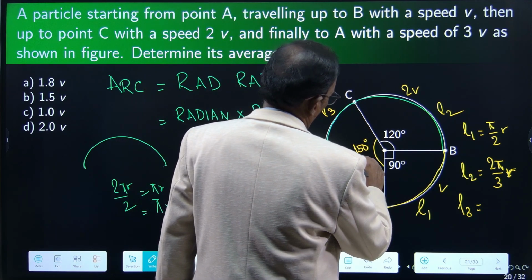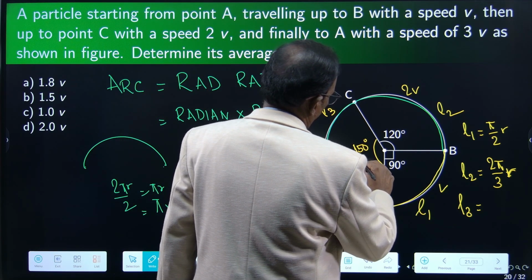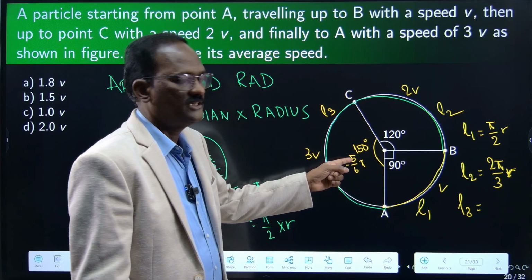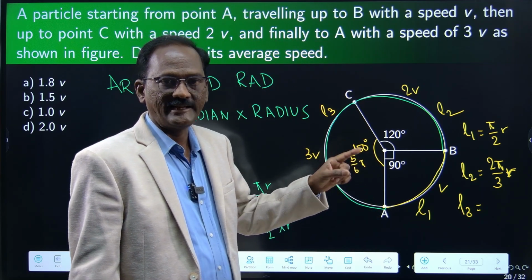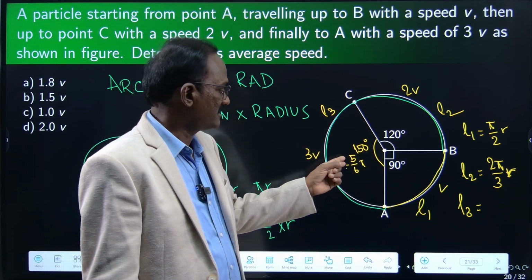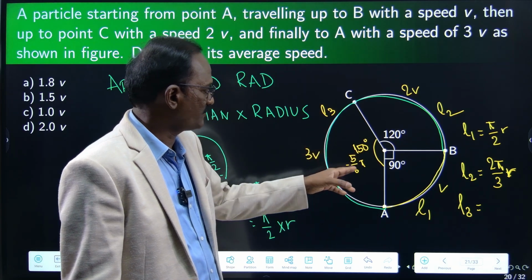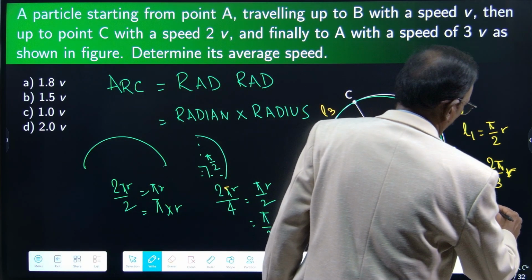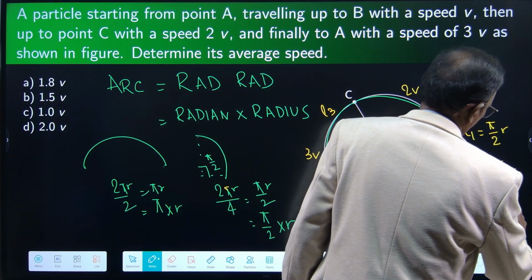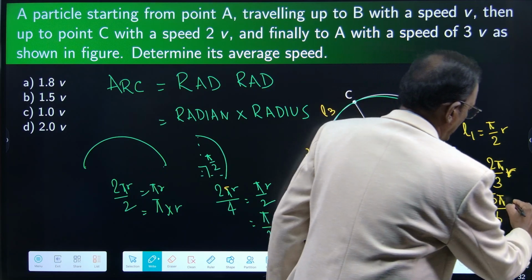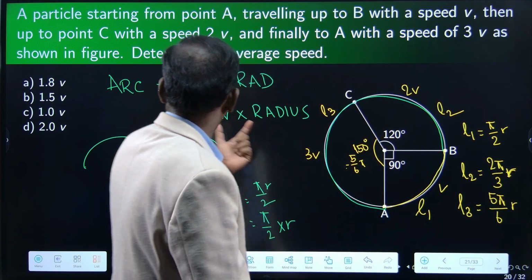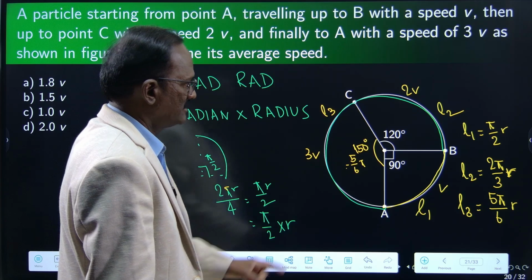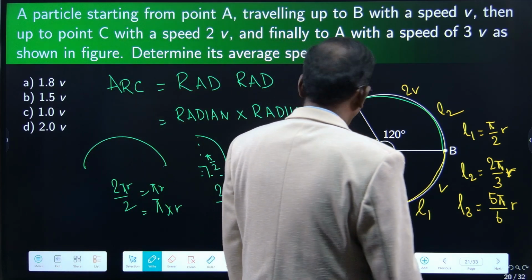This will be 5 by 6 pi. 5 into 180 is 900, 900 divided by 6 is 150 degree. So 5 pi by 6 radian into radius. So L1, L2, L3 I have found.